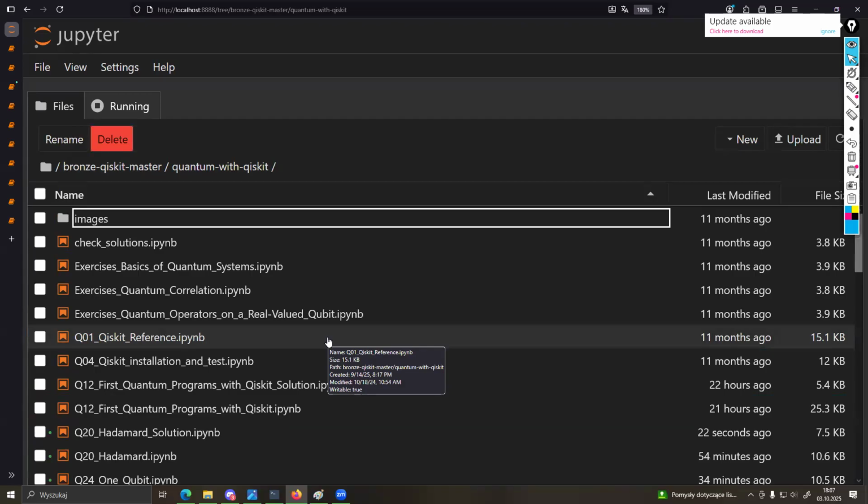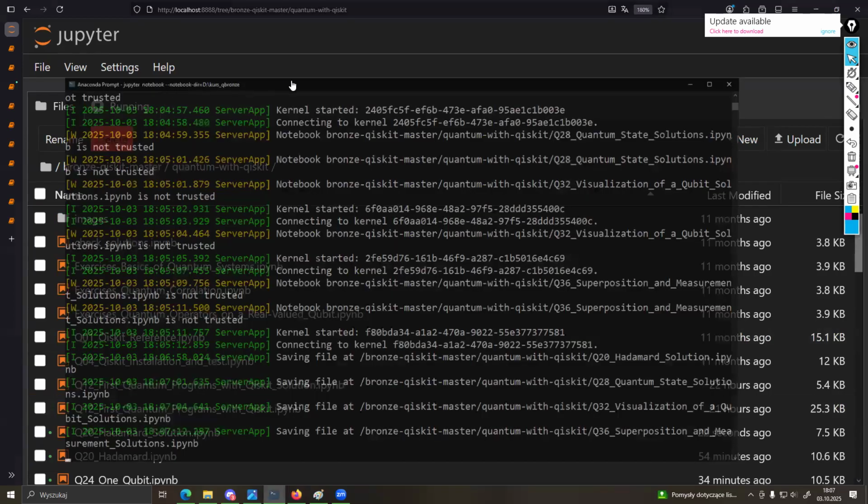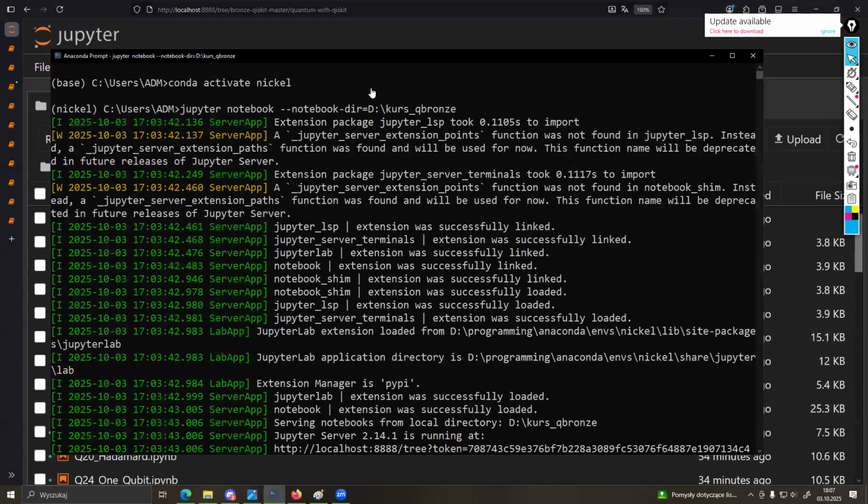If you don't know how to do this, you can watch the previous lecture. Basically, as a very quick recap, you activate your environment, and then you type in Jupyter Notebook with notebook-dir if you are in some other location.